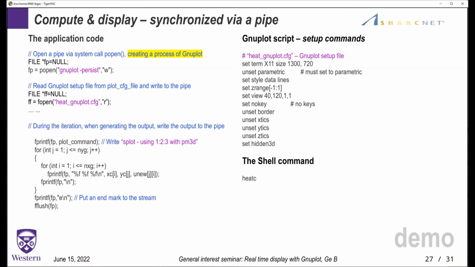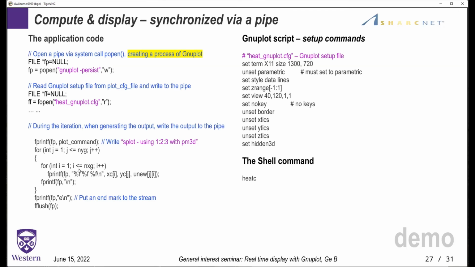One, it creates a pipe, and then it forks a Gnuplot process through the pipe. And second, the application program reads the Gnuplot script. Again, the application program doesn't need to know the Gnuplot script. It just reads in the script.